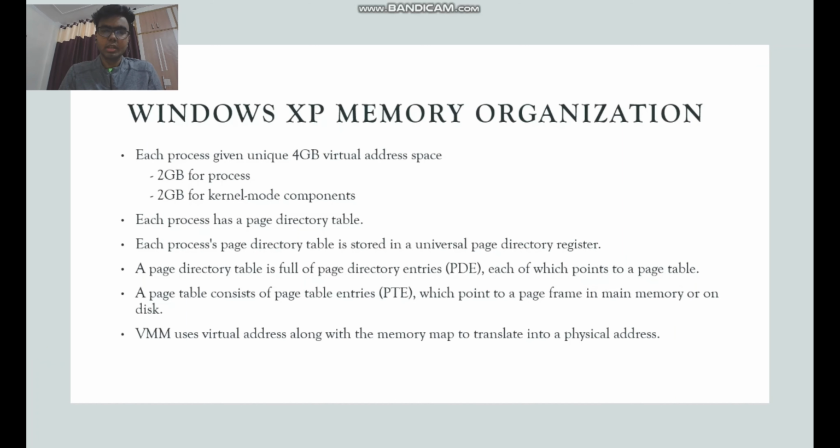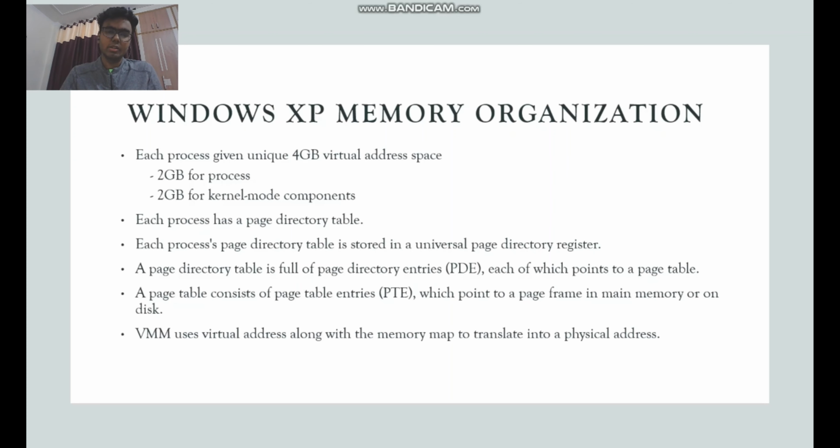Now, how does the memory organization take place in Windows XP? In Windows XP, each process is given a unique 4 GB virtual address space. Out of that 4 GB, 2 GB is for the process and 2 GB is for the kernel mode operations.